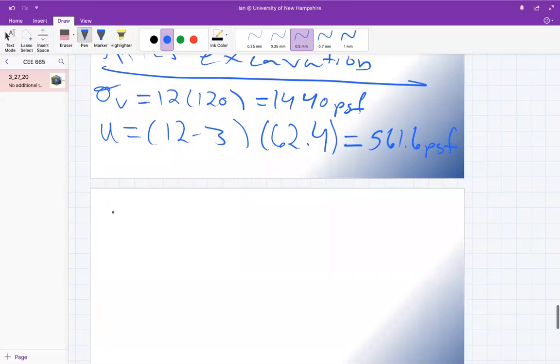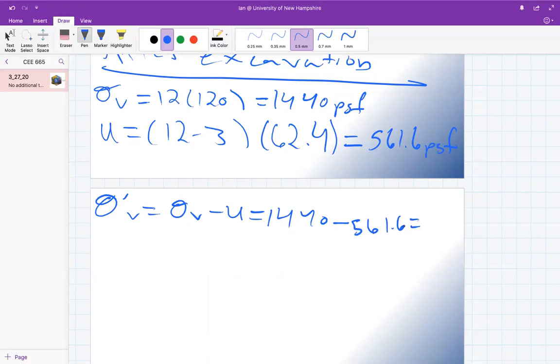And coming down here, I'm going to say effective vertical stress equals sigma v minus u. So now we're just going to take these two numbers. So this equals 878.4 PSF. So we got pretty much half of the problem done.